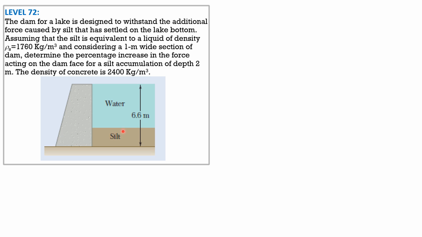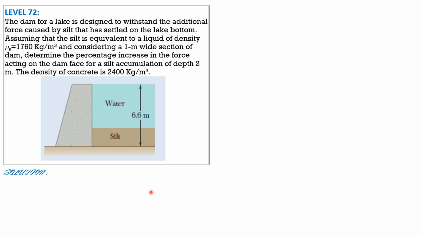So if the depth or thickness of silt is 2 meters, the water portion is 6.6 minus 2, so 4.6 meters. But originally, there was no silt, so the increase in the force acting on the dam would be the increase in the horizontal force. The original force is due to water only of depth 6.6, and the final force would be due to this water and due to this silt.